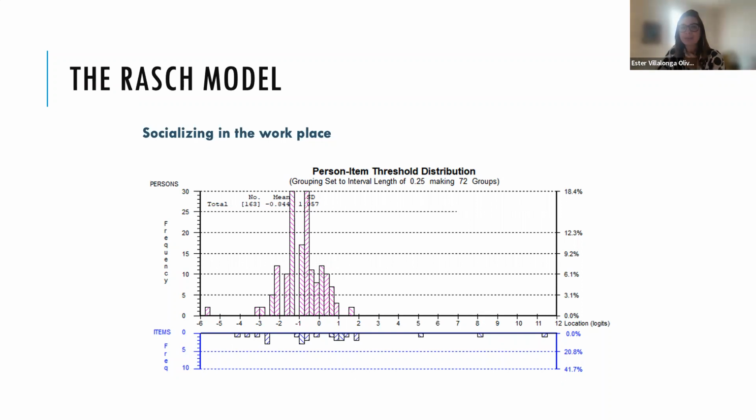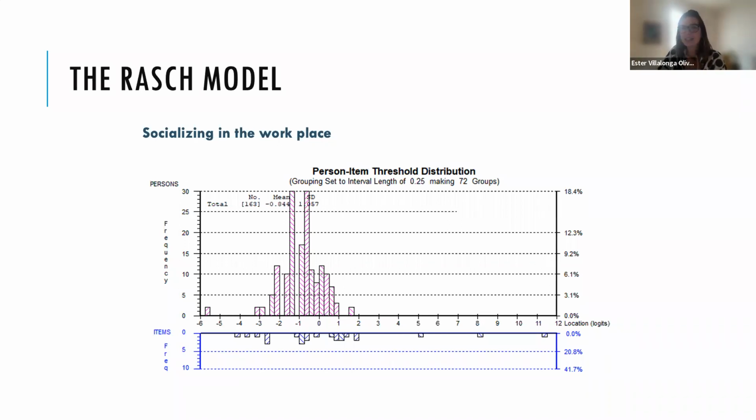So for example, mixing with people in the workplace that have different political opinions may be easier for Hispanic immigrants than mixing with people with different nationality in the workplace. So here in the software, you can check which items are these ones, which one is easier, which one is more difficult.